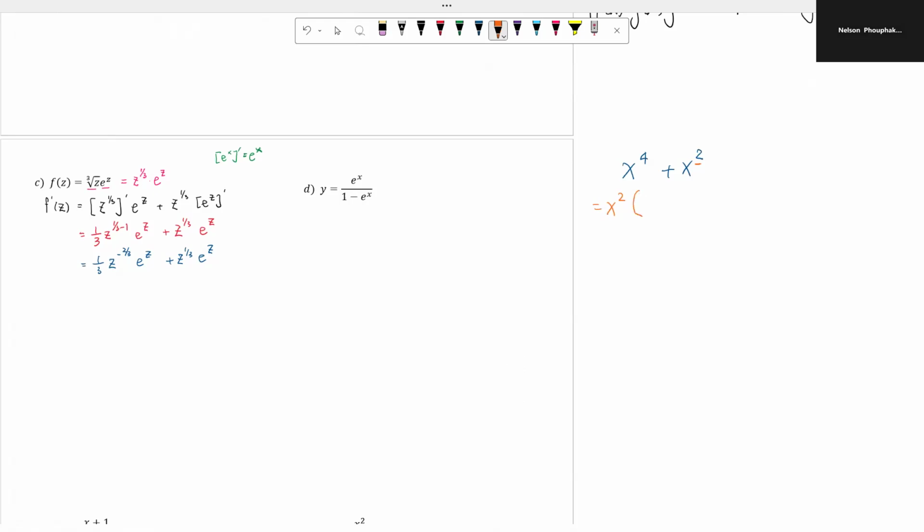Then what happens when we take out x squared? Basically, we subtract the power by the number that we take out. In this case, if we take out x squared, then I will have x to the 4 minus 2 plus x to the 2 minus 2 then, okay? So this is kind of the idea, okay?